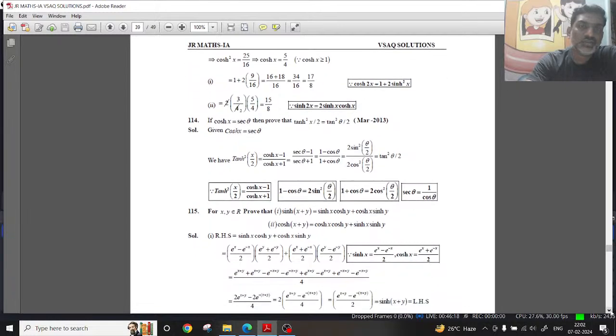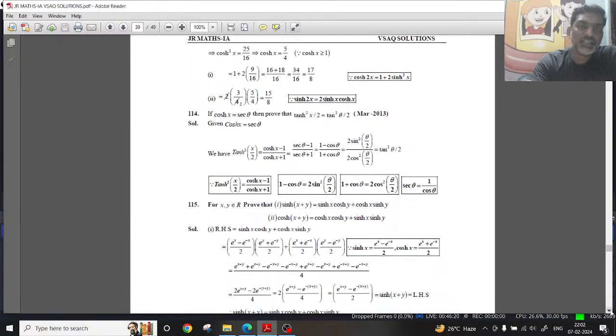Next 114, cos hx equals secant theta. Hyperbolic to trigonometry, an important model. So cos hx equals secant theta. Then prove that tan h square x by 2 equals tan square theta by 2. Tan h square x by 2 equals cos hx minus 1 divided by cos hx plus 1.